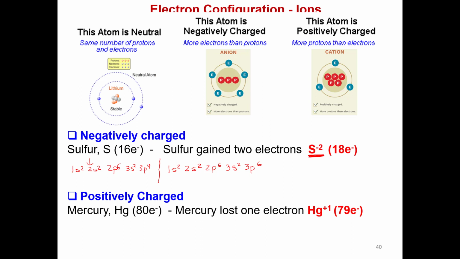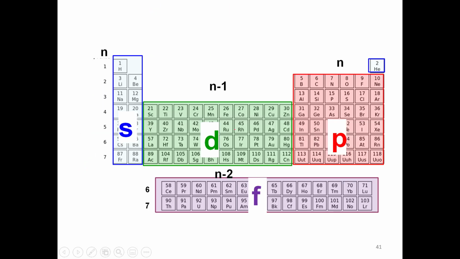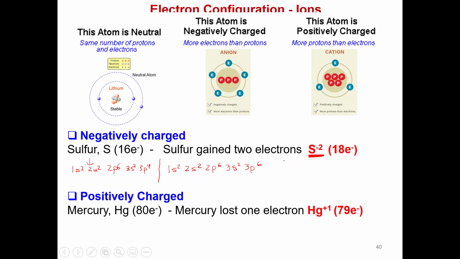Now let's write the electronic configuration for the mercury ion. Pure neutral mercury has 80 electrons. But if we had the ion of mercury, +1, it means if it's positive, the mercury lost 1 electron.